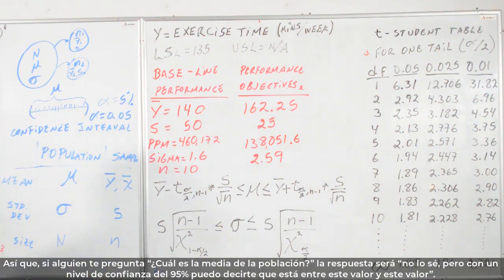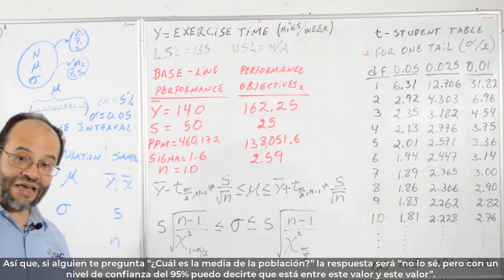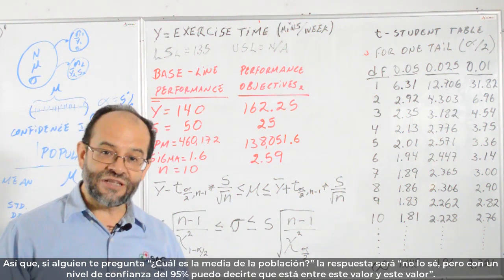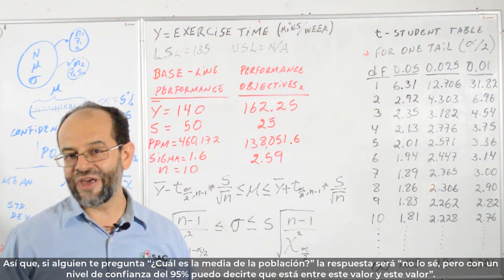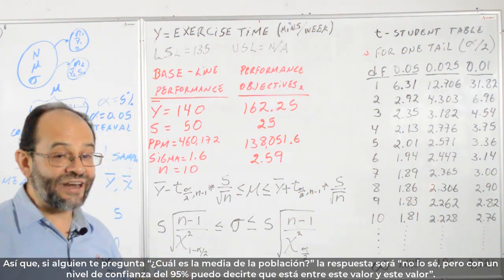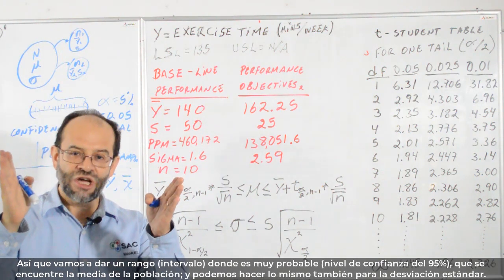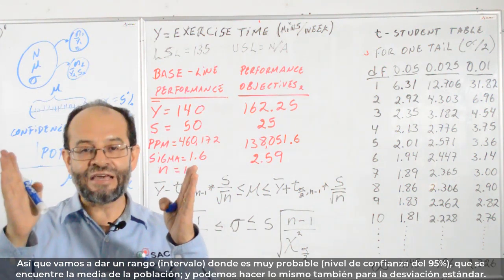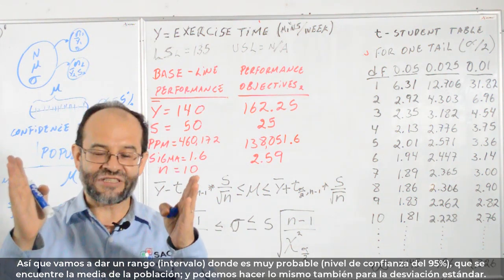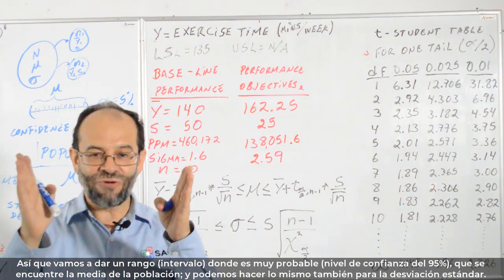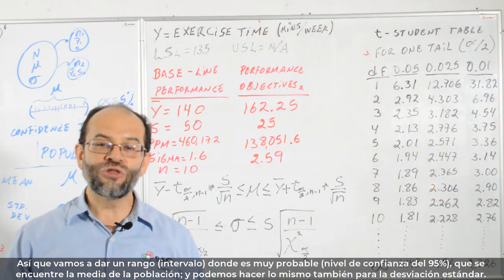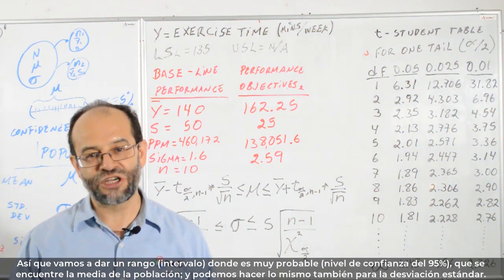So basically, if somebody asks you what is the mean of the population, the answer will be, I don't know, but with 95% confidence level, I can tell you that it is somewhere between this value and this value. So we are going to provide a range, an interval, where it is very likely, at 95% confidence level, that the mean of the population is. And we can do the same for the standard deviation.